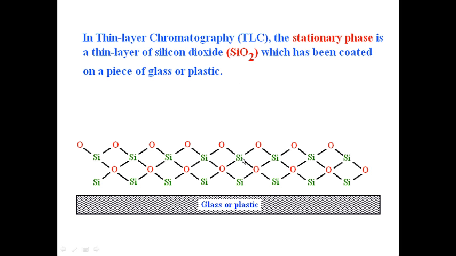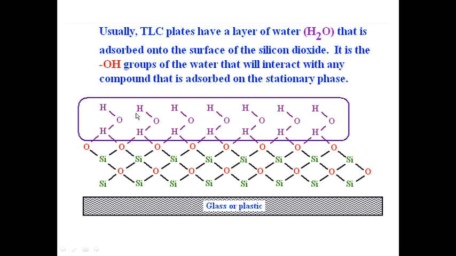So we have silicon dioxide on the surface of the glass or the plastic, and unless we dry our plates, there's always a layer of water adsorbed onto that silica. So we have a polar stationary phase because we have OH groups on the surface of the TLC plate. These are typically the types of TLC plates that we use in organic lab, those that have the polar silica gel.